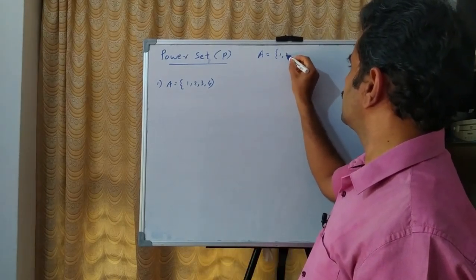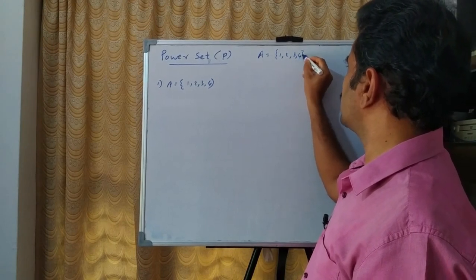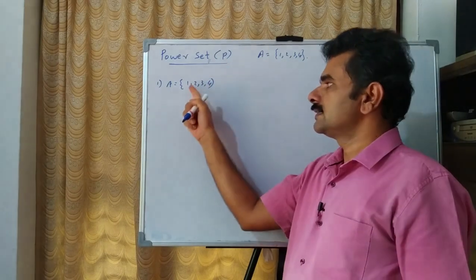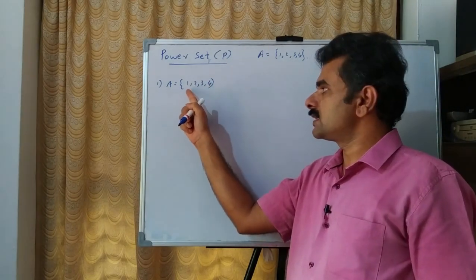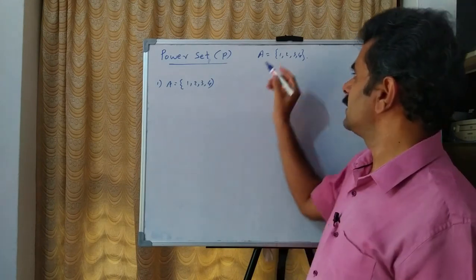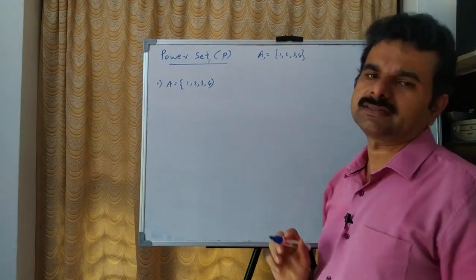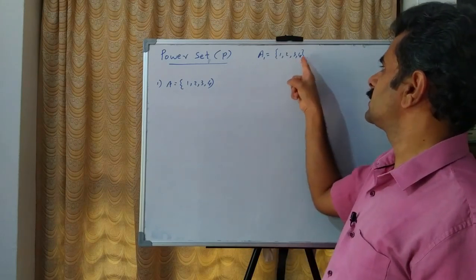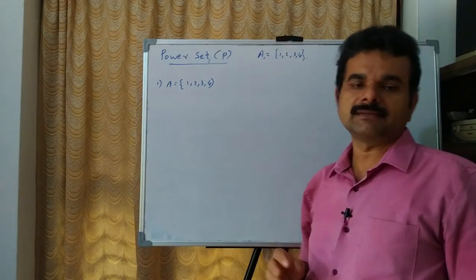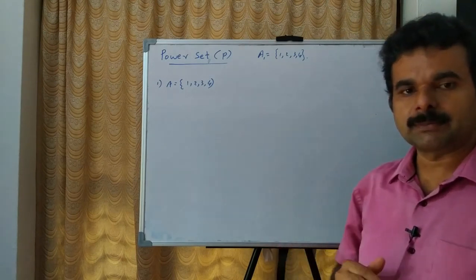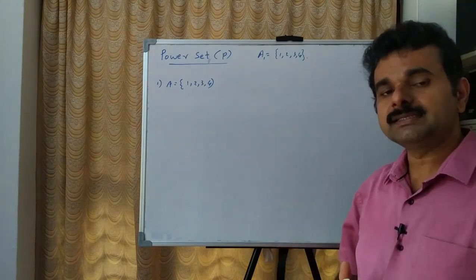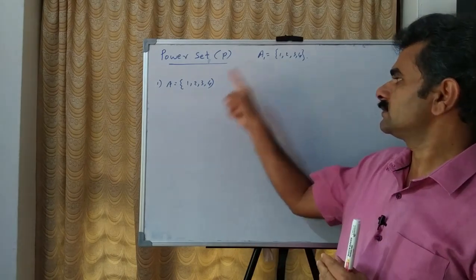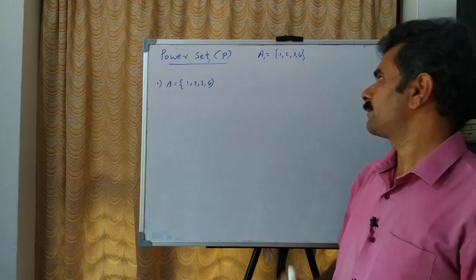Clearly, A is an improper subset of this A. So it is named, suppose, A1. A1 is the improper subset of this A. What is an improper subset? An improper subset is a subset that is identical, or equal, to the set. Same. So that is an improper subset.